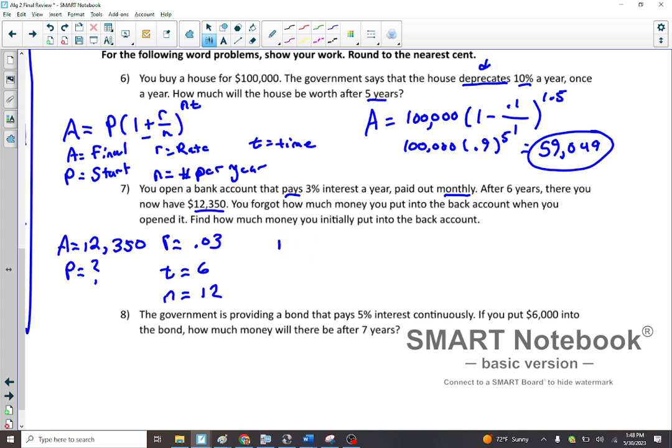So let's set this up. 12,350 equals, we don't know what P is, so we're going to write it as P, times 1 plus 0.03 divided by 12, to the power of 6 times 12.